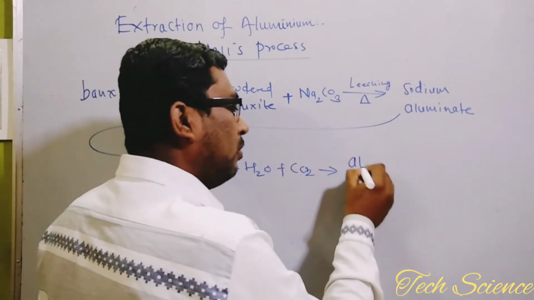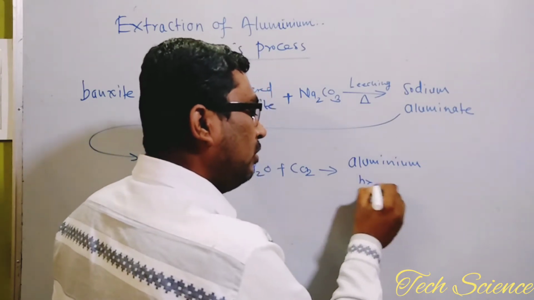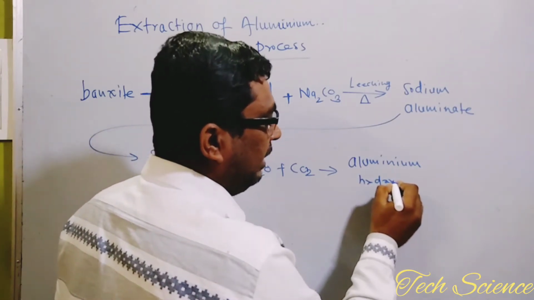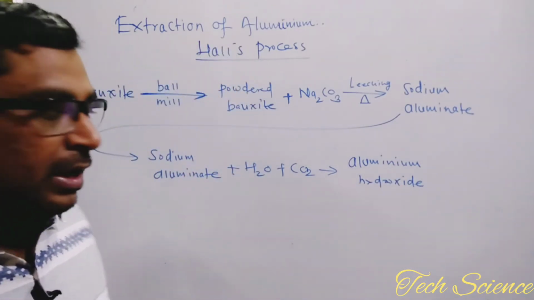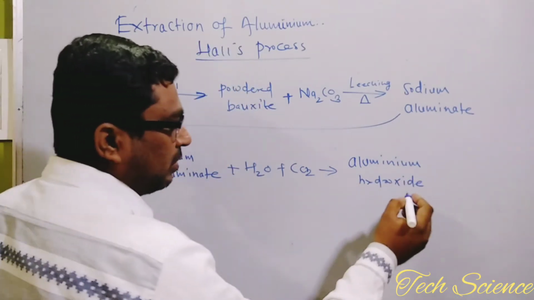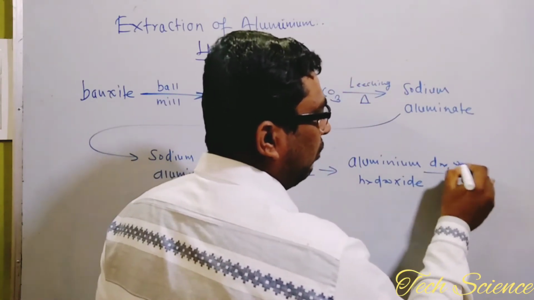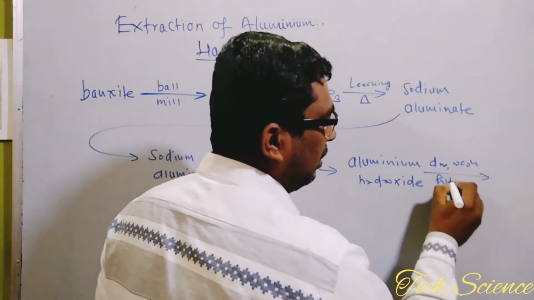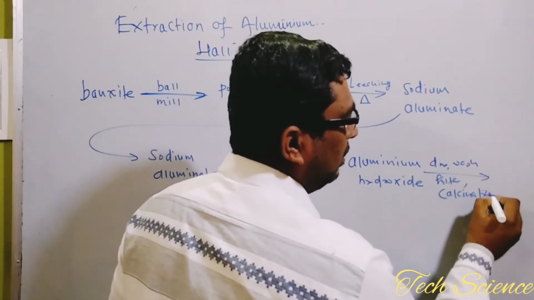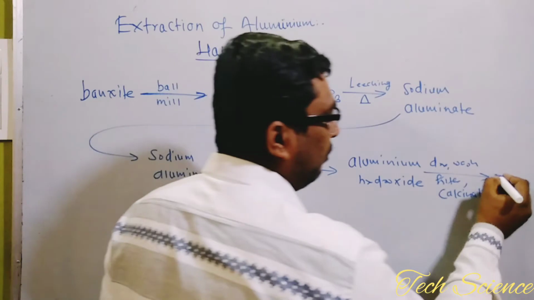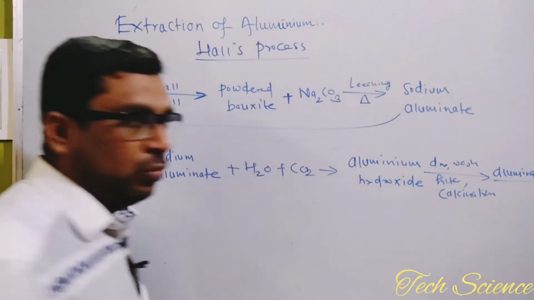The final output you got is aluminium hydroxide, Al(OH)3. That is the molecular formula. Further, this aluminium hydroxide you can dry, wash, and filter, and you can apply the calcination process, means heating up to 1000 degrees Celsius, and finally you got alumina as an output.